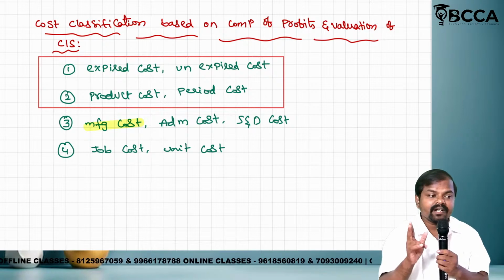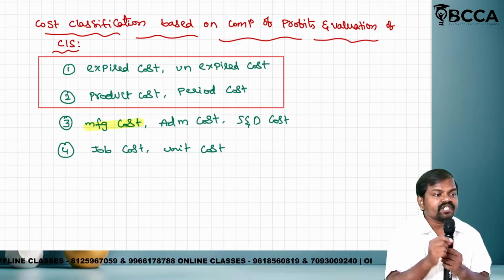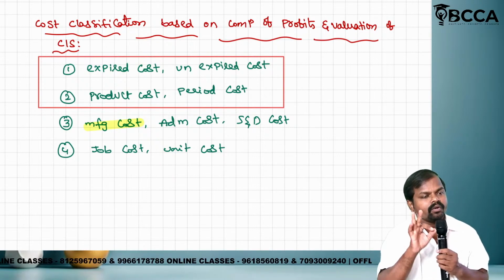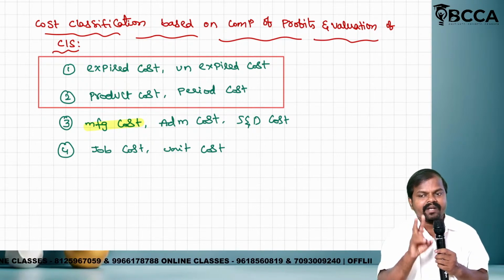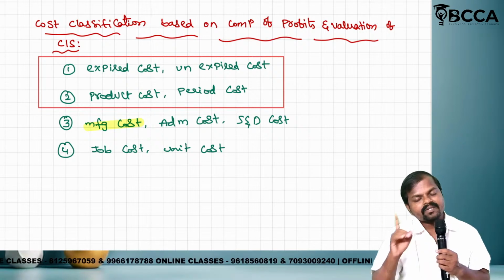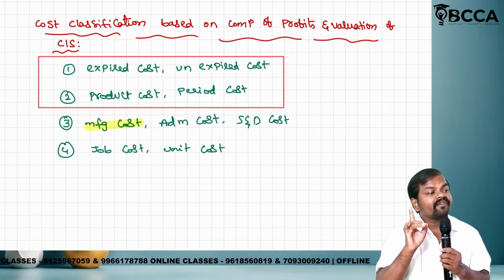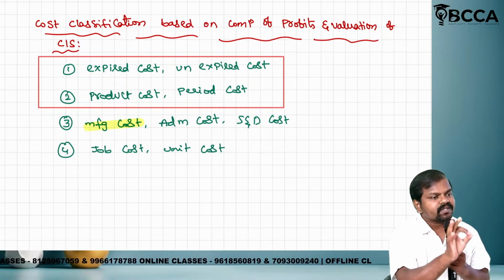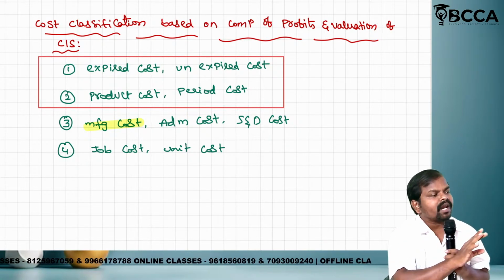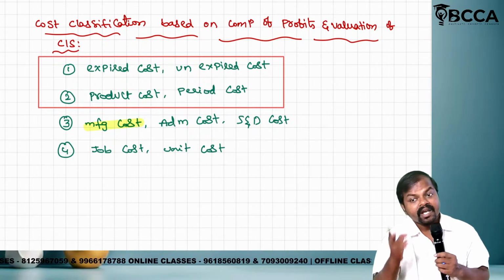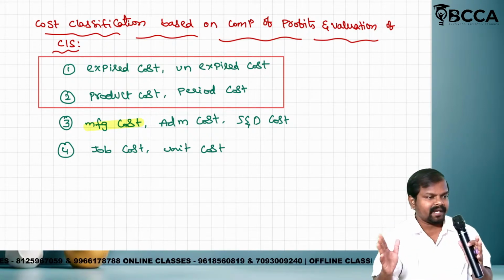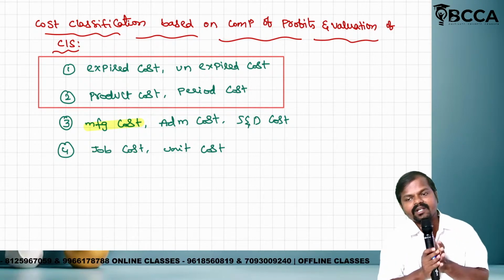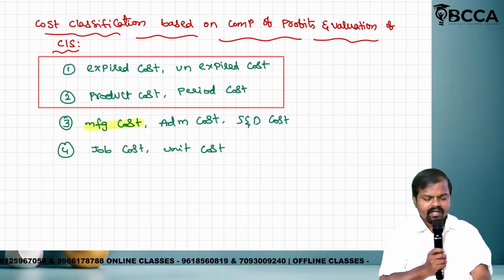Overhead can be classified based on function and based on variability. Based on function: POH, AOH, SOH. Based on variability: fixed overhead, variable overhead, semi-variable overhead. As per rule, semi-variable overhead shall not exist. If it exists, it should be bifurcated, some portion to fixed, some portion to variable. Is it clear? Excellent.